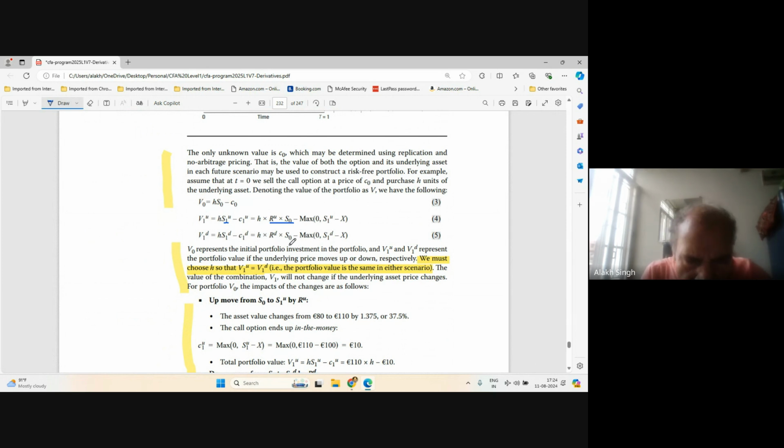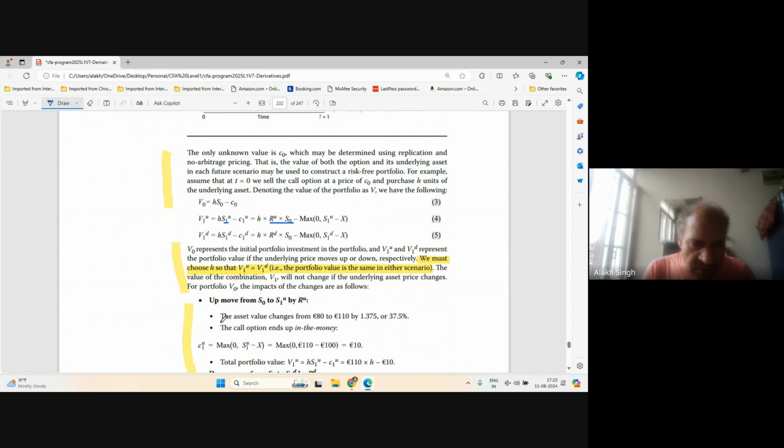So V0 represents the current portfolio value, V1U is period 1 when the market has gone up, and V1D when the market has gone down. So we must choose H so that V1U is equal to V1D. That is what this hedge ratio is. It means whether the market goes up or down, our portfolio value will remain the same.